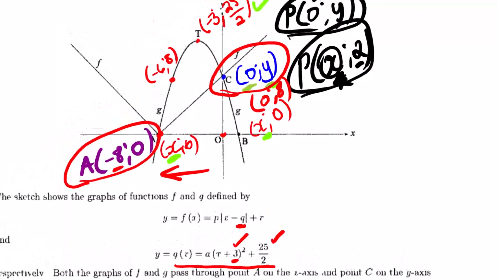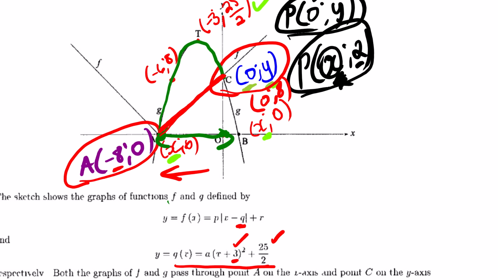Now the question is talking about the interval between A and O. So our A is here, our O is here. Now what is happening to our graphs in this interval? You can see that in this interval, graph g is on top of graph f.